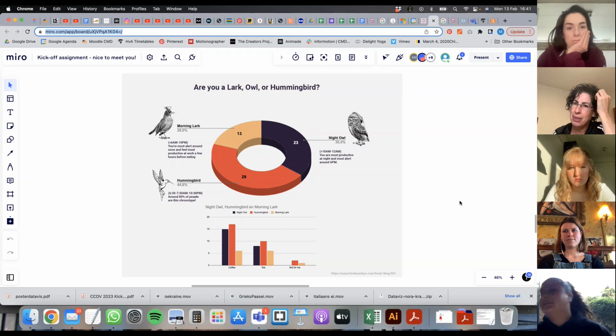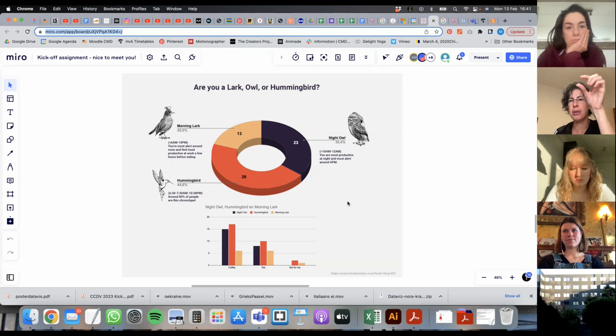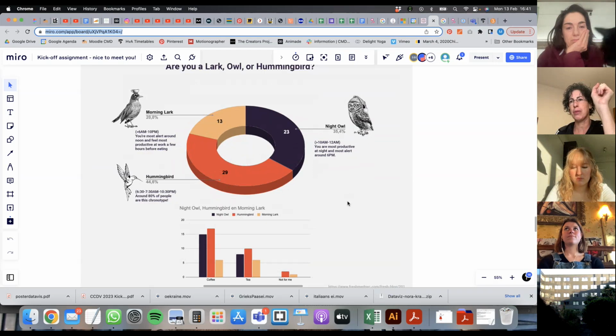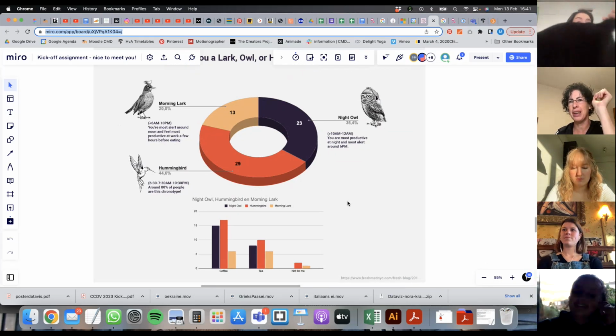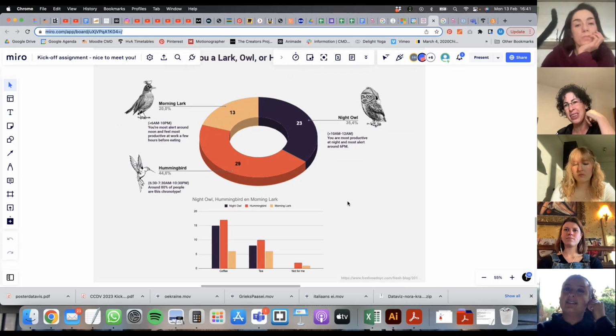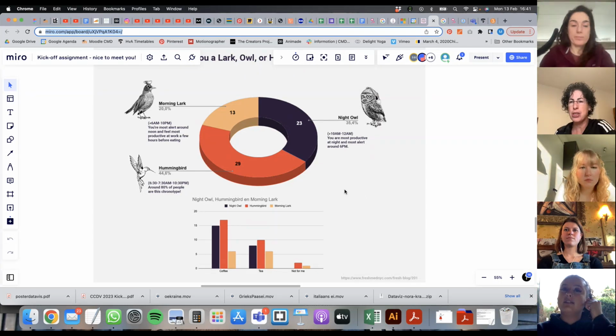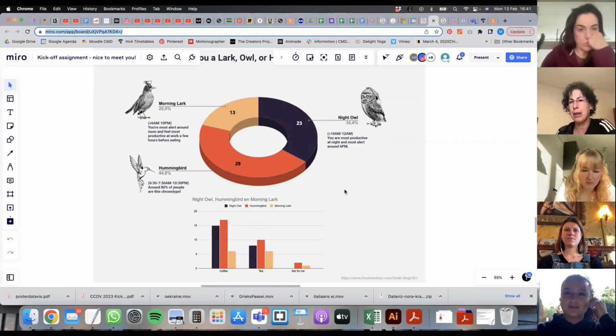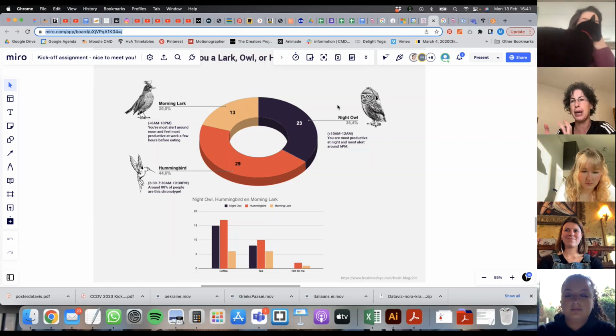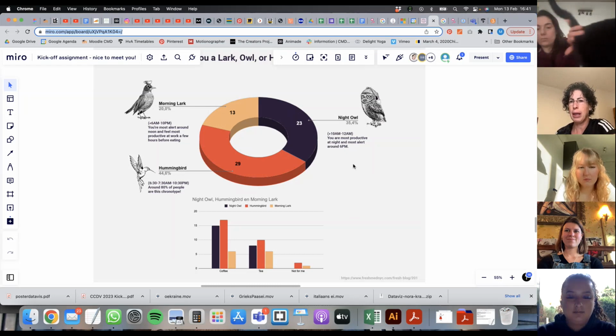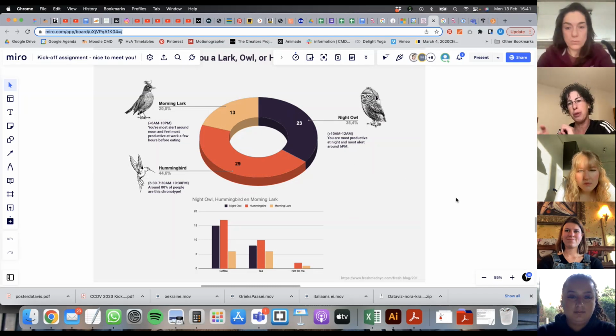Thanks. I share the same opinion as Mikey. I really like it, and also the combination that you took some very scientific illustrations of night owl, morning lark, and hummingbird. The only remark I would like to point out for the future is the comparison between the pie chart and the column chart, and the scale of typography that I need to read and relate to.